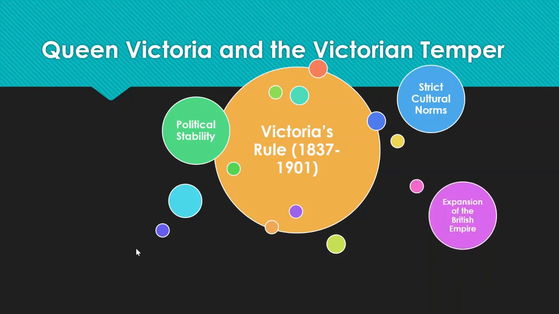The other issue related to Queen Victoria's reign is the expansion of the British Empire. The British Empire had actually expanded to a good extent at the time of King George III, though at his time the British Empire lost a big part of it, which was America. But anyway, there were compensations for that.